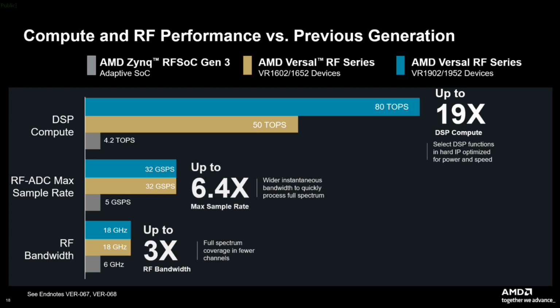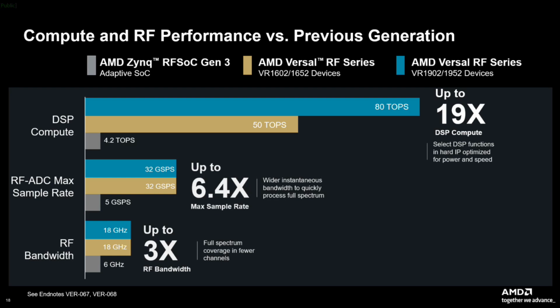So when you think about it, if we increase the RF bandwidth by 3x and we increase the sample rate, you've got a lot more data that you have to process with typically DSP functions. And that's why we increase the DSP ops so much by adding the hard IP. Okay, so I think that answers the question, Divya.